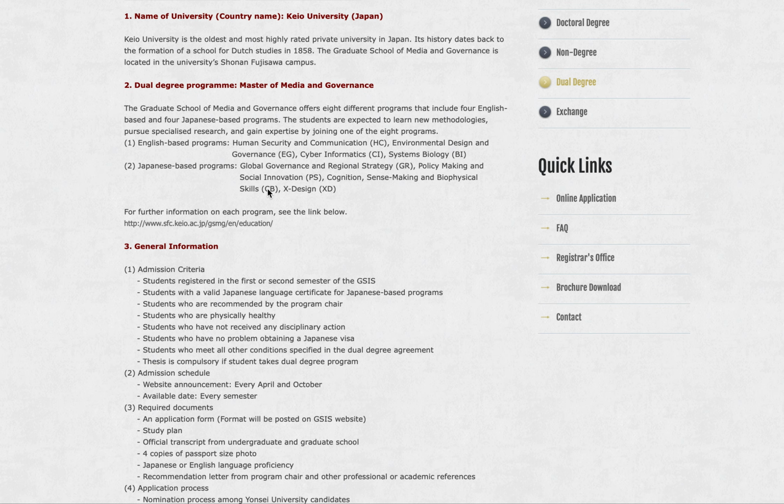One is English-based programs, the other is Japanese-based programs. If you are good at English, you can choose human security and communication, or environmental design and governance, cyber informatics, or system biology.